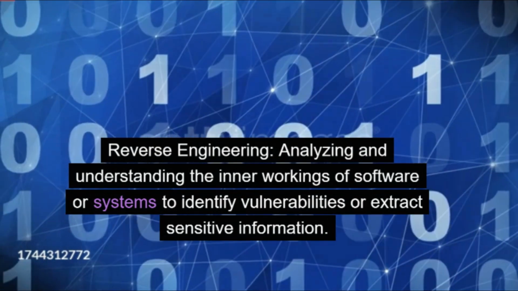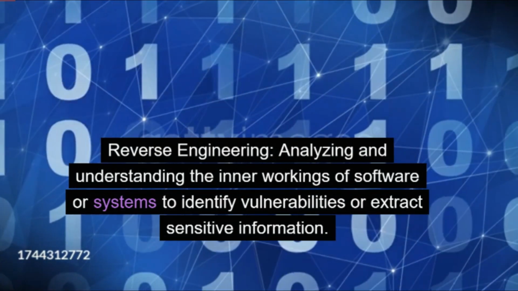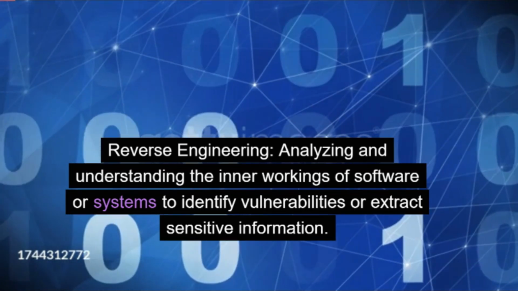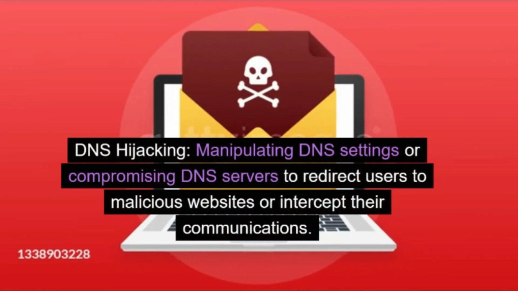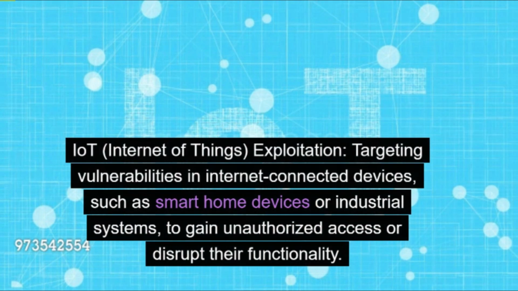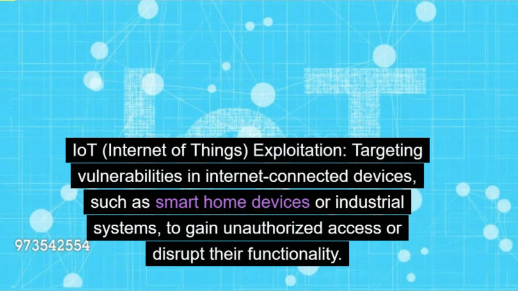Analyzing and understanding the inner workings of software or systems to identify vulnerabilities or extract sensitive information. 41. DNS hijacking. Manipulating DNS settings or compromising DNS servers to redirect users to malicious websites or intercept their communications. 42. IoT, Internet of Things, exploitation.